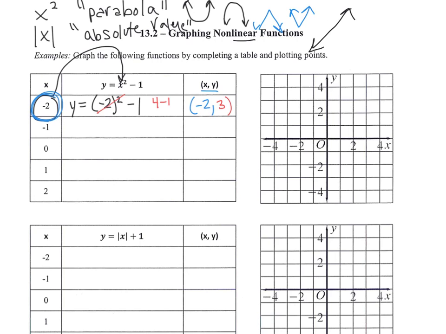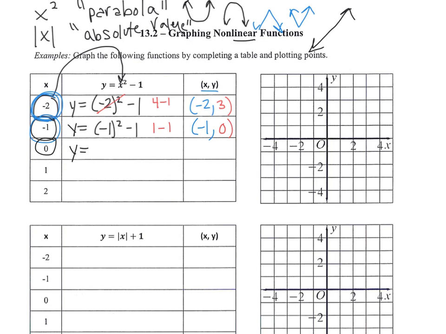Okay, let's do it again. If I'm plugging in -1, y equals (-1) squared minus 1. -1 squared is 1. 1 take away 1 is 0. So my x is -1 and my y is 0. Plug in the next one, 0.